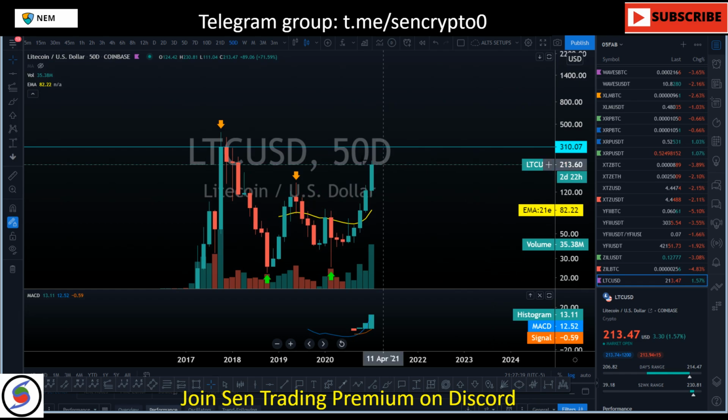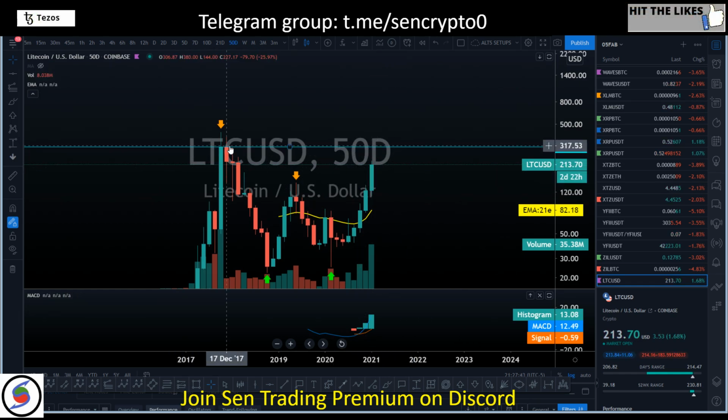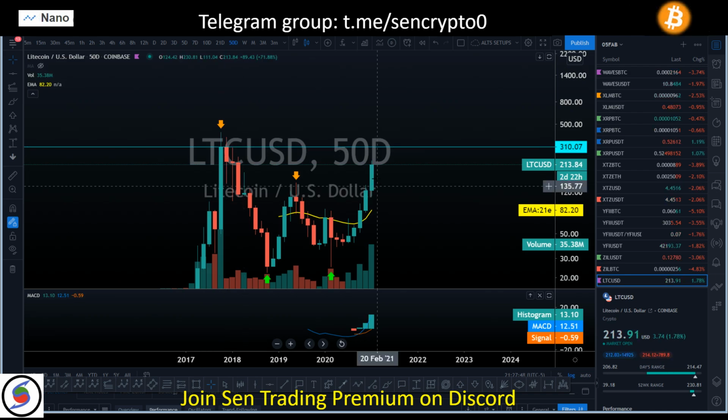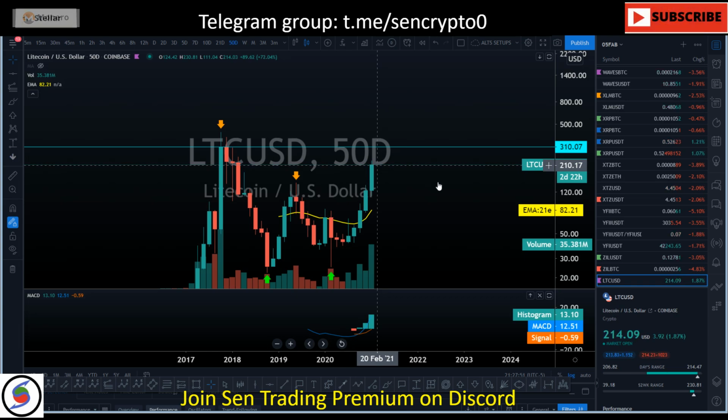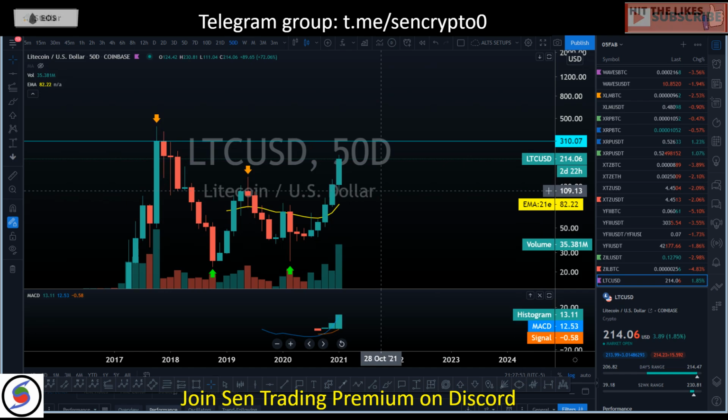Especially if you take a look at the 50-day cycle. If we can close above 310 within this cycle, because the cycle is going to close in 3 days, on the 19th, and we're going to get a new cycle on the 20th.